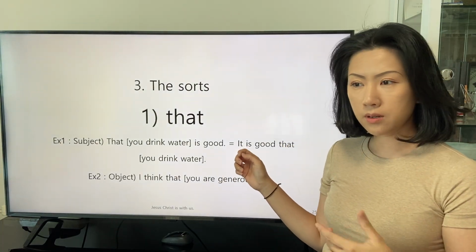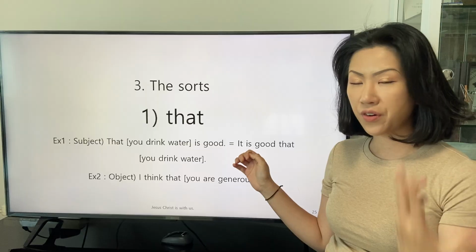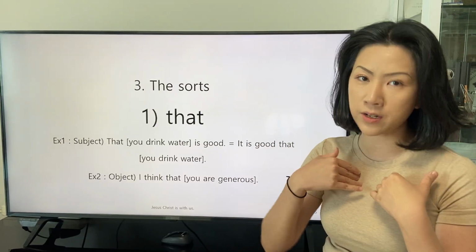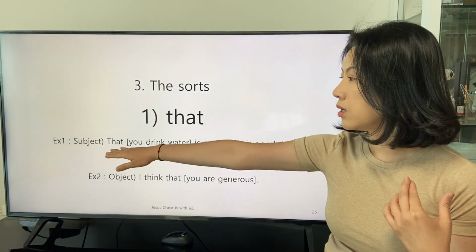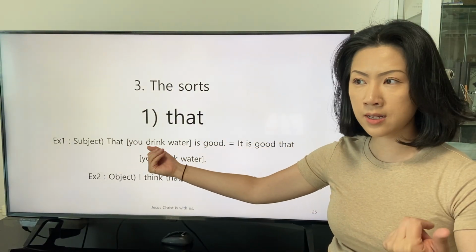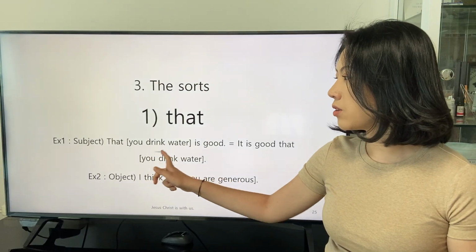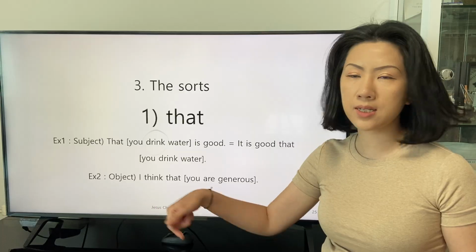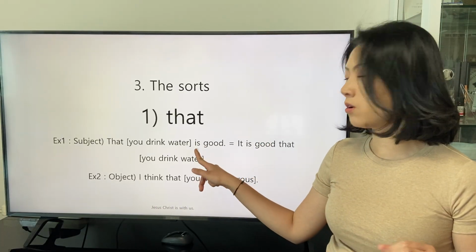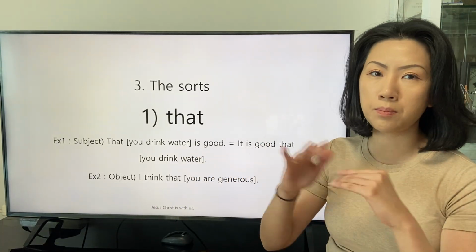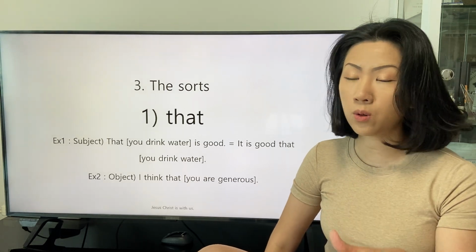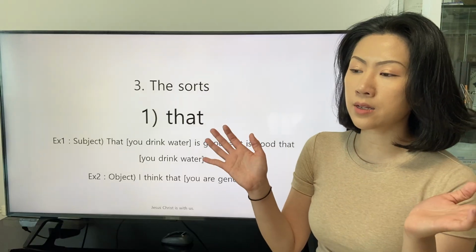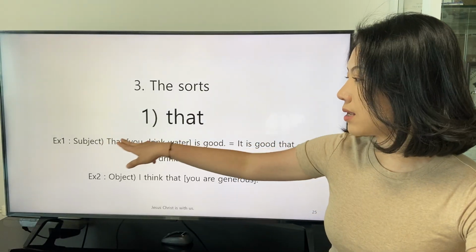The be verb is the verb of the main clause, which delivers the main intent of the speaker. In the first sentence, the other descriptive word, drink, is stated ahead of the be verb, which is the main verb of the whole sentence.